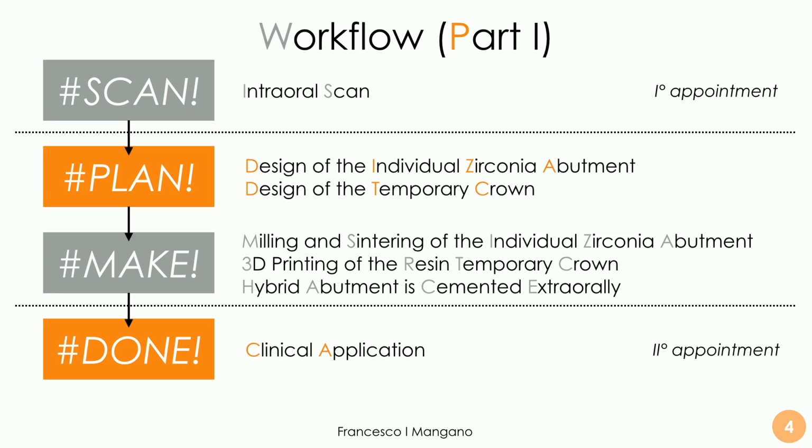How do we work in this case? There's an intraoral scan at the first appointment, and then the prosthetic phase with the dental technician. The dental technician receives the scan and designs the individual zirconia abutment and the temporary crown.